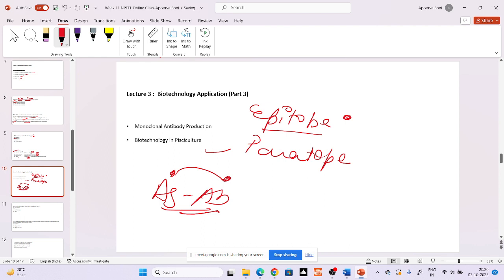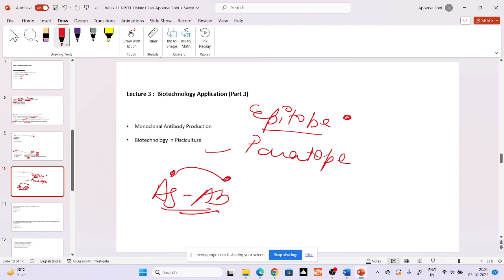So the definition should be: a monoclonal antibody is an antibody which is specific against a particular epitope, a single epitope, whereas a polyclonal antibody is not specific to a particular epitope. It can bind to a set of epitopes.